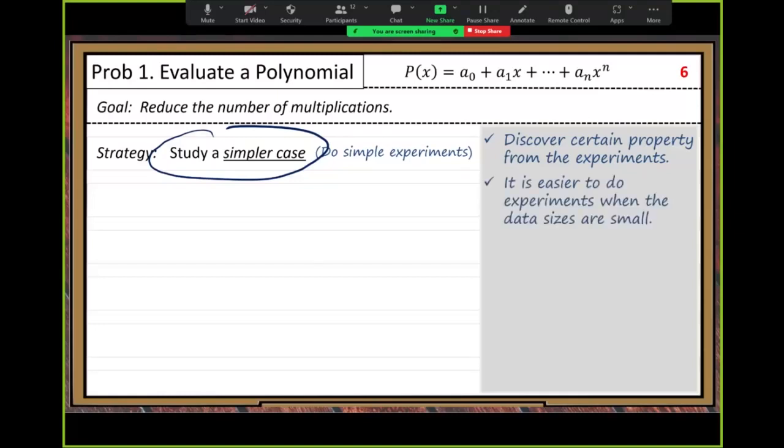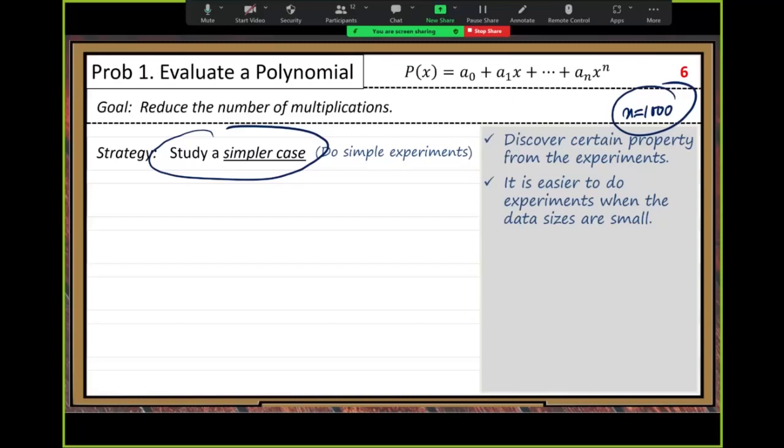It is easier to do experiments when the data sizes are small. If the data size is large, think about if n equals 1,000, if I ask you to reduce the number of multiplications for a polynomial with degree 1000, it won't be easy.